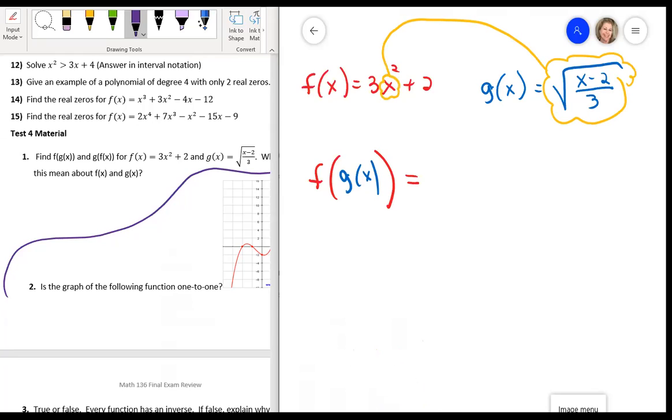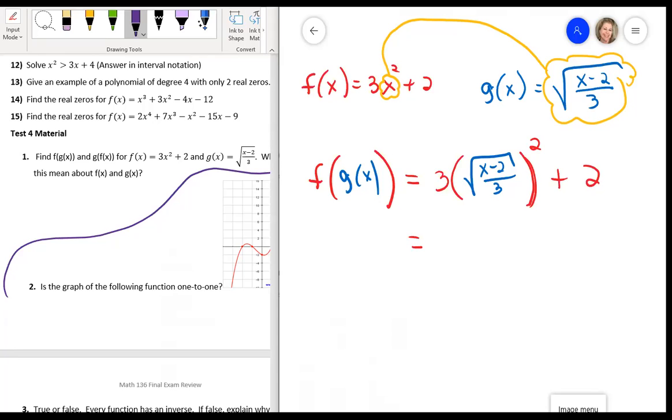So instead of 3x squared plus 2, it's going to be 3 big old mess squared plus 2. I'm literally going to put this square root of (x minus 2) over 3 where the x was in the red function, and then simplify it.